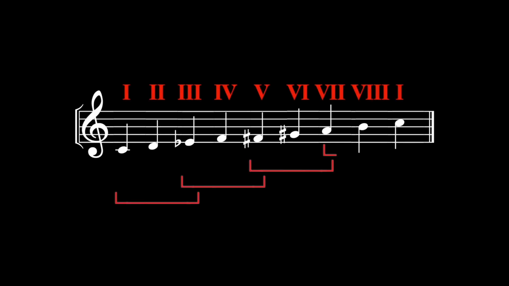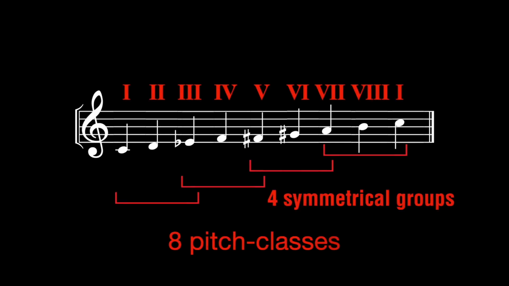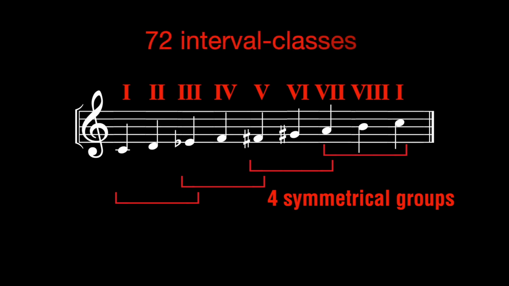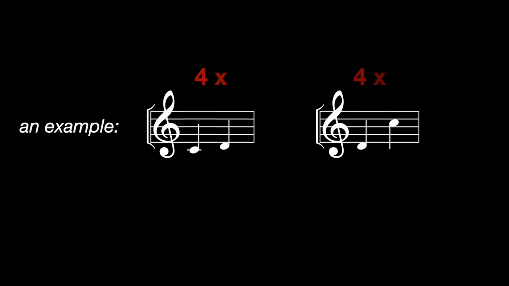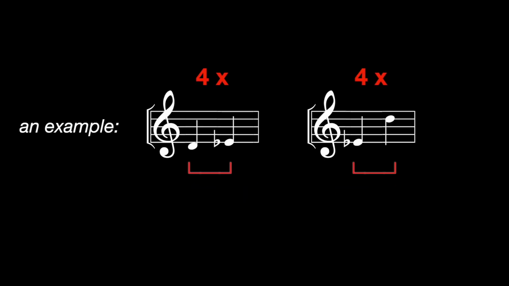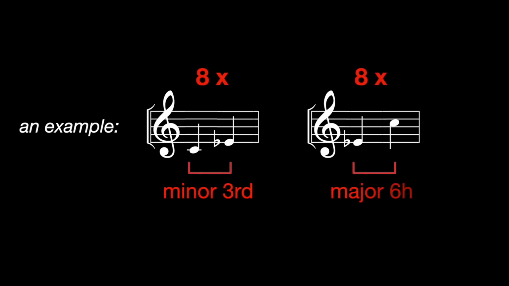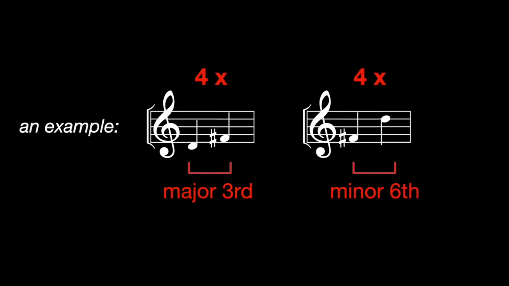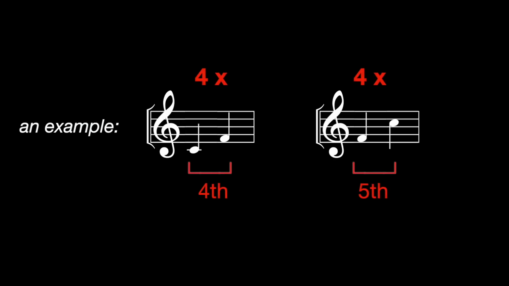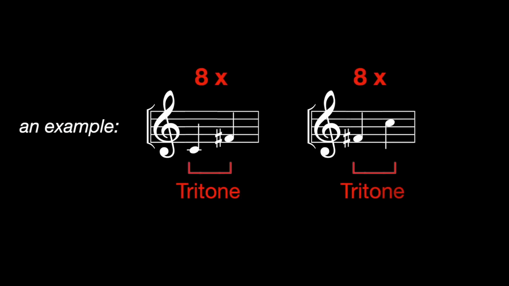Octatonic scales feature one extra pitch class that makes the scale symmetrical and smooth. They contain a whopping 36 interval classes: 8 unisons and octaves, 4 major seconds and minor sevenths, 4 minor seconds and major sevenths, 8 minor thirds and major sixths, 4 major thirds and minor sixths, 4 perfect fourths and fifths, and 8 tritones.